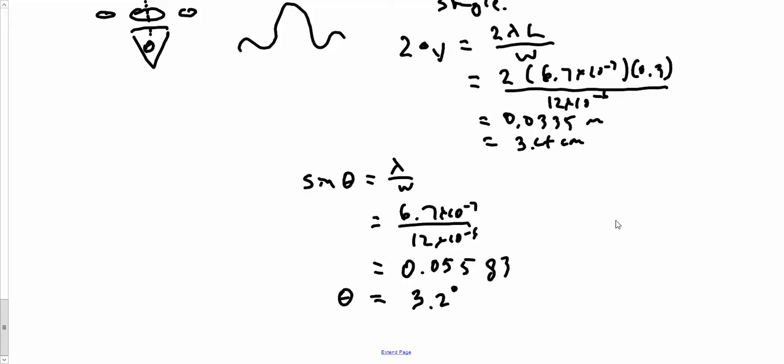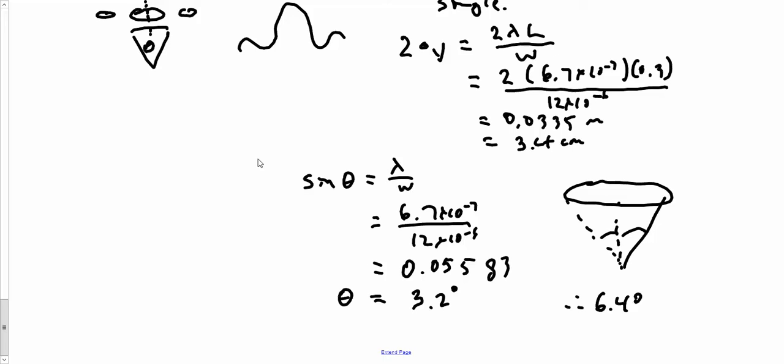Now that is only this central bright spot, that's this. This is 3.2, so therefore the whole thing would be 6.4 degrees.